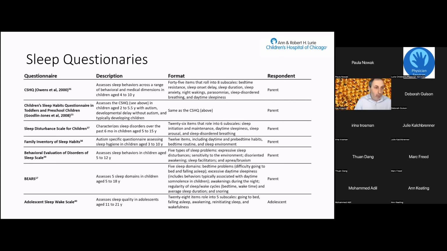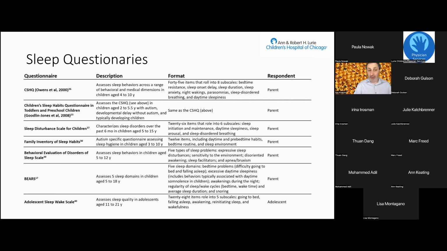In fact, one of the simplest and fastest ways to assess, which is very often used in pediatric clinics, is the BEARS questionnaire: bedtime, excessive daytime sleepiness, awakening during the night, regularity of sleep, and snoring. So answering yes to any of those questions will prompt that this child has some sleep problems.